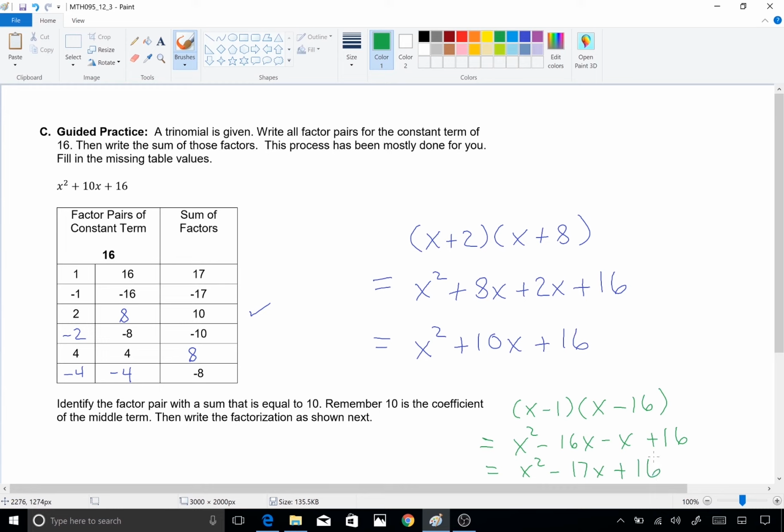And that's why it doesn't work. You see, this factorization gives us the constant term we want, but not the x term.